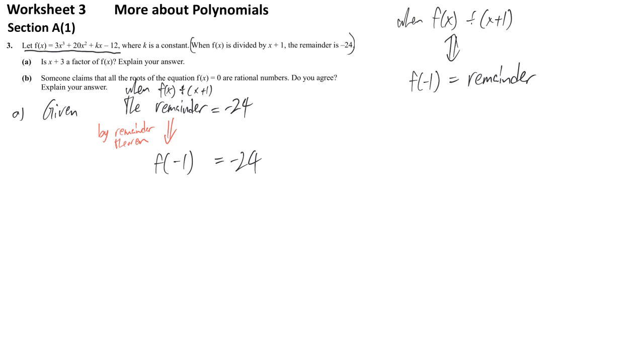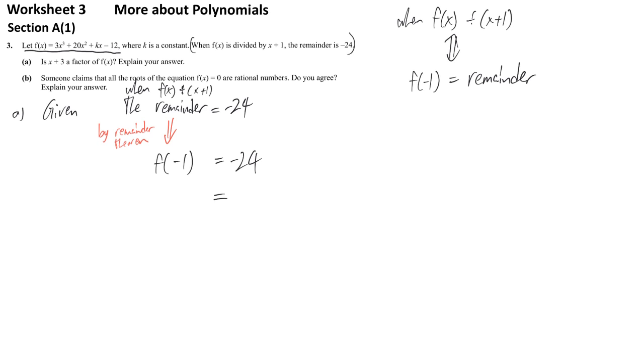In your exam, if you already understand that, you may directly write down f(-1) is equal to negative 24. It's totally fine. But for a better understanding, we stick to the question from the given information. Based on our remainder theorem, we know that it can be expressed in terms of f(-1).